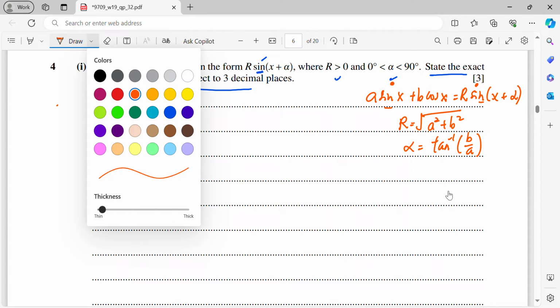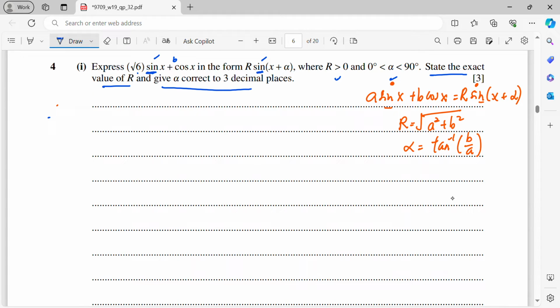Okay, so now what to do is, I will say that my r is square root of square root 6 plus 1 squared, because the coefficient for cos is 1. Okay, so here you will get square root of square root 6 is 6, then you plus 1, that is square root 7. And that is my exact value of r.